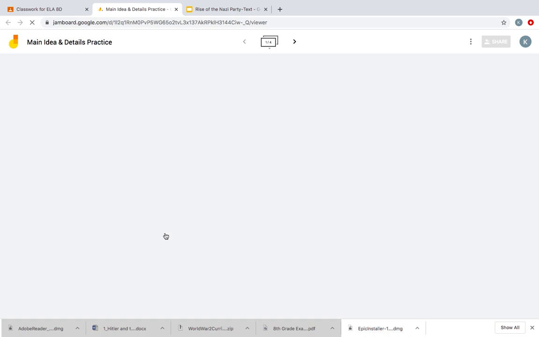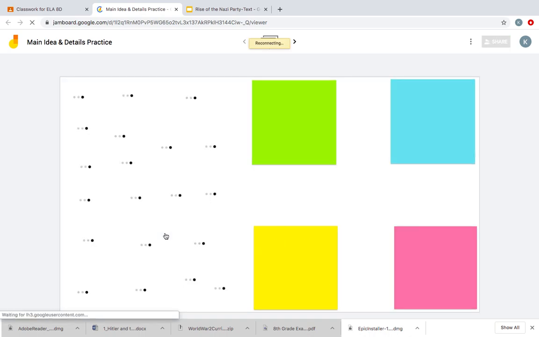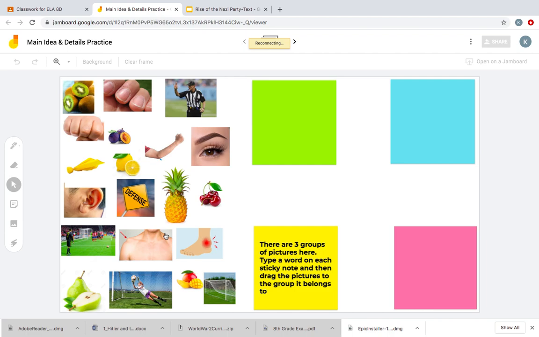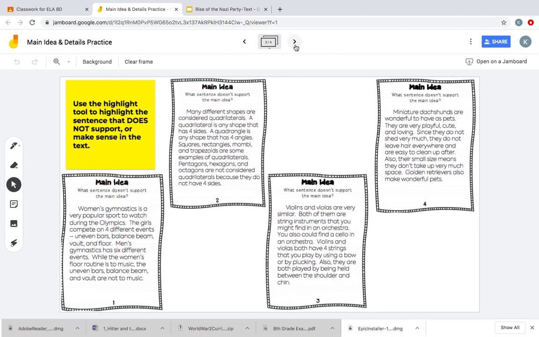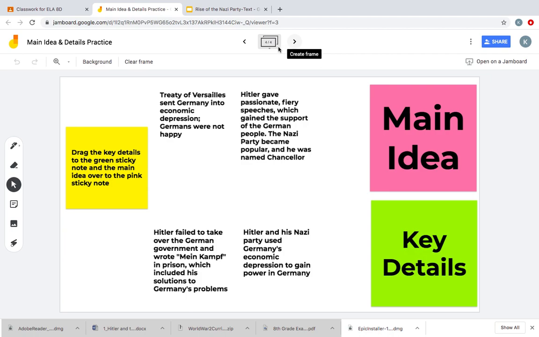It's called a Jamboard. I'm not sure if any of you have used it, but it should be included in your Google Drive. But it's very interactive, and it's a really great tool for us to use. So if you look up here, I have 4 pages. So you can click the arrows to go from page to page.